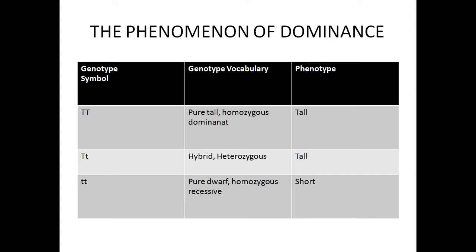So when two homozygous individuals with different characters are crossed, the character that appears in the F1 offsprings is called the dominant character, and those that do not appear in the F1 are the recessive character. Recessive character here is the dwarf plant character, that is small t.